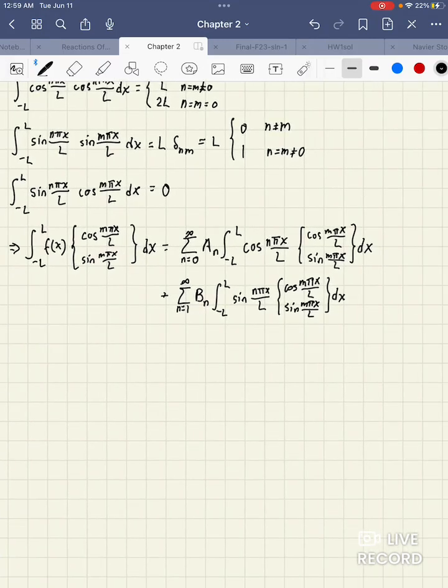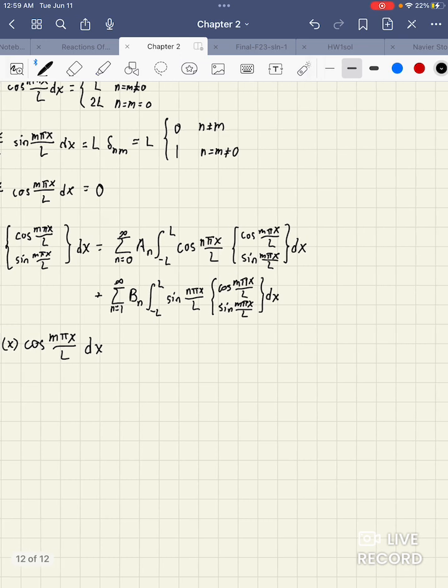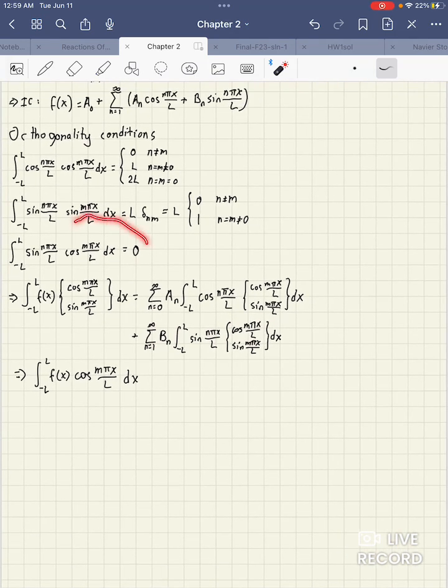Now we will apply our known orthogonality conditions. So this will conclude that from negative L to L, f of x, let's say we multiply just cosine m pi x dx, now we are left only with our a of n part, because our b of n, the sine multiplied with cosine, will lead us to 0.